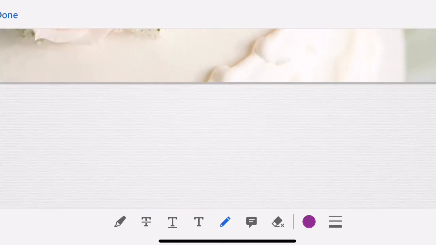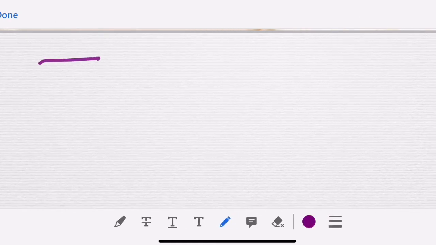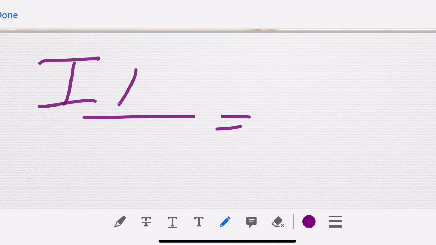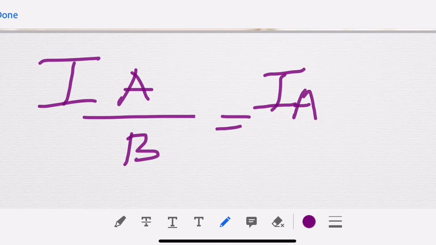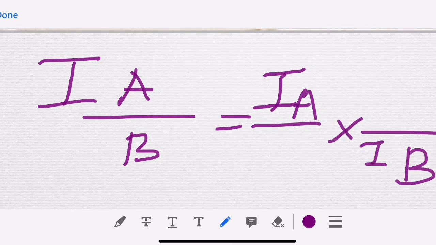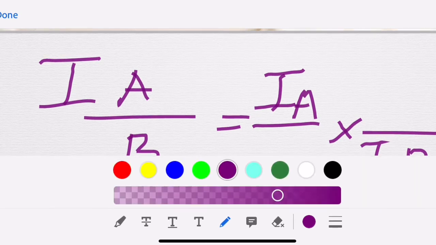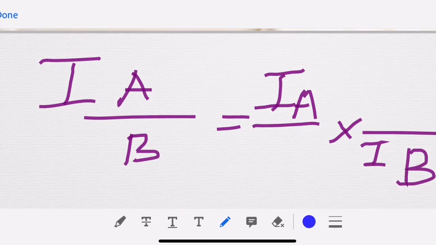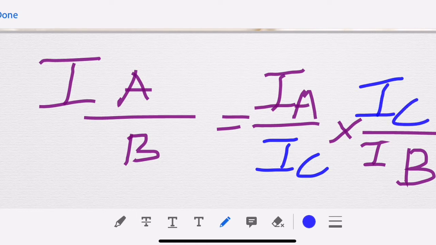Another method is the chain rule. So we always say I for a certain year, let's say this is A year, this is B year. So it's always IA, then B, IB, and of course we have another year which is C, so the C you have to write here. That is the IC. That is called the chain rule.